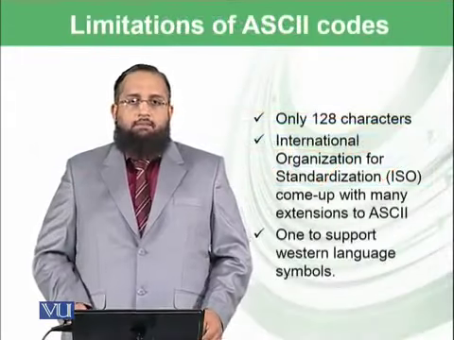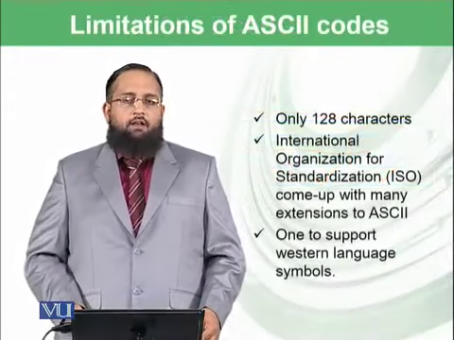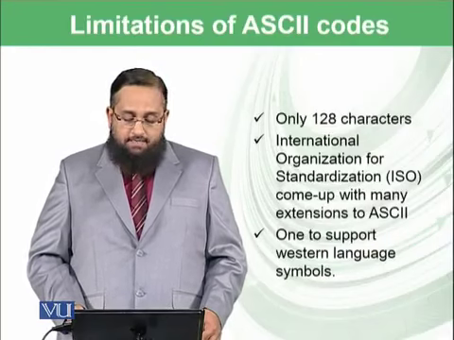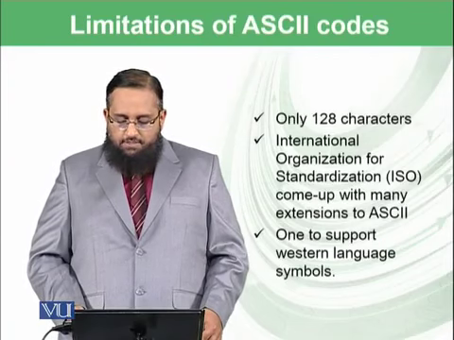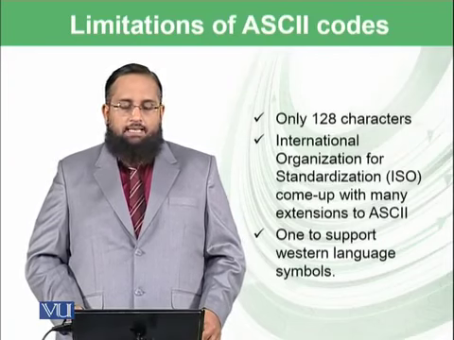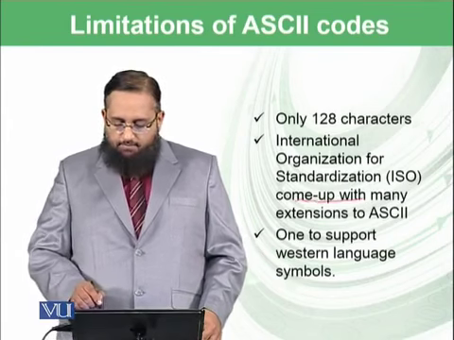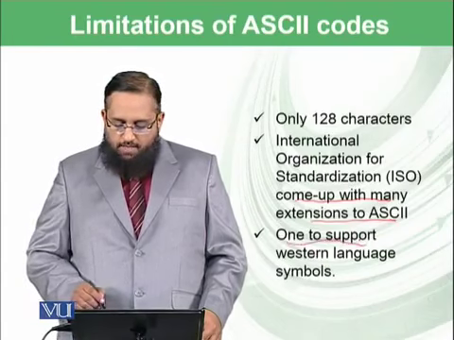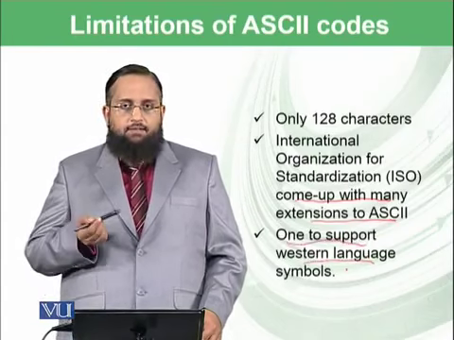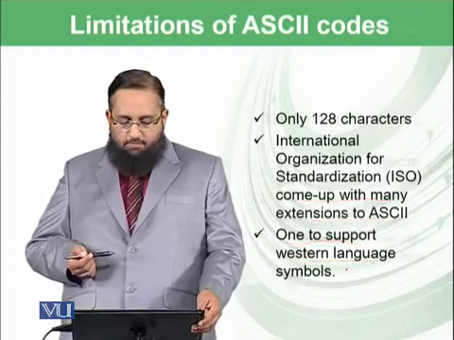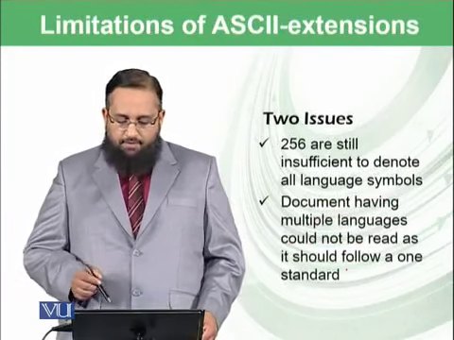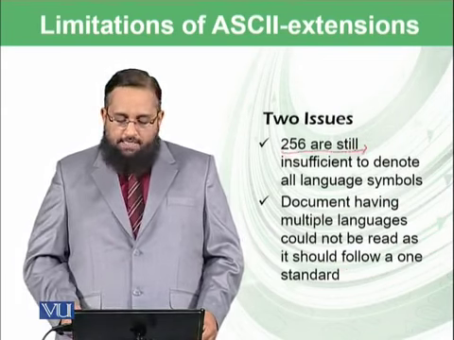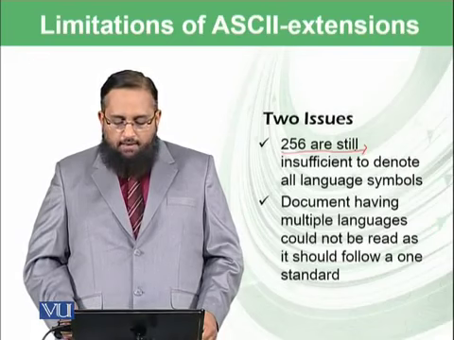ASCII codes had some limitations as well. There are not just 128 characters in the world; there are many more characters available. So the International Organization for Standardization, also called ISO, came up with many extensions to ASCII codes, one to support one Western language and another to support another language, but it also has issues. Even if we take 256 letters, these are still insufficient to denote all language symbols.